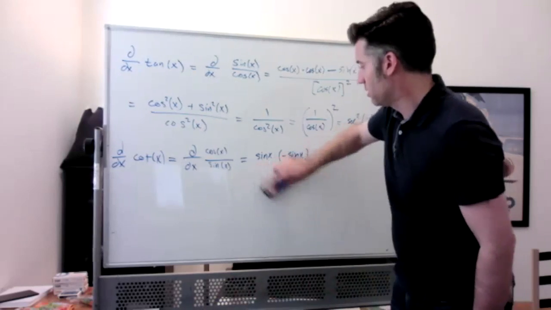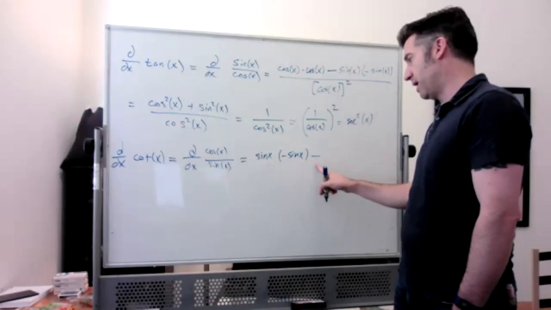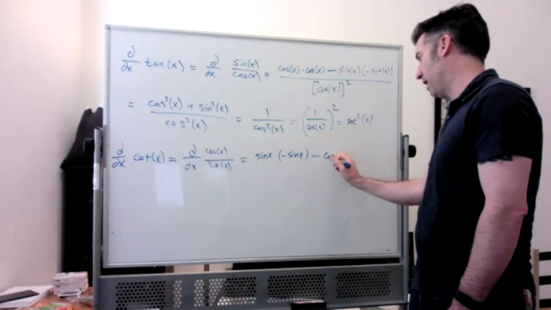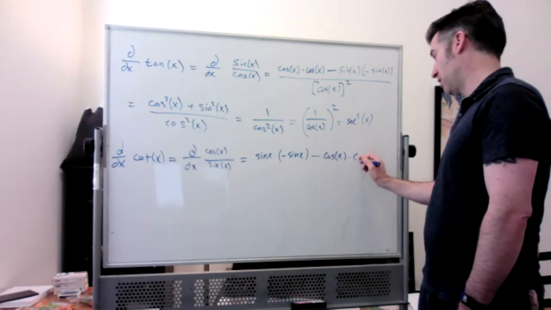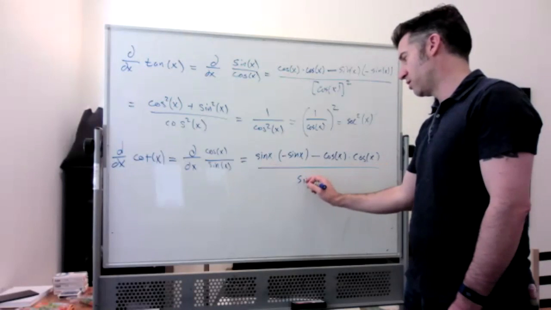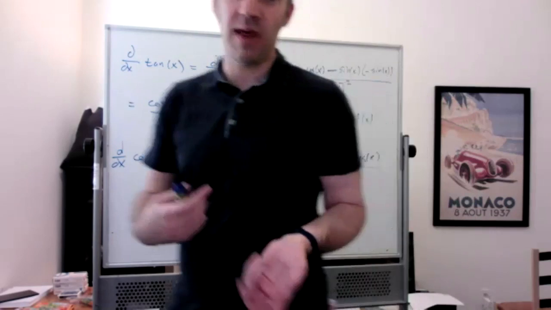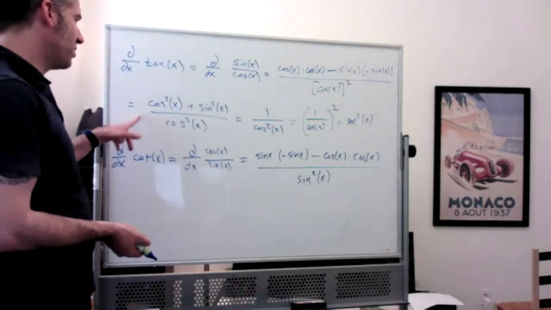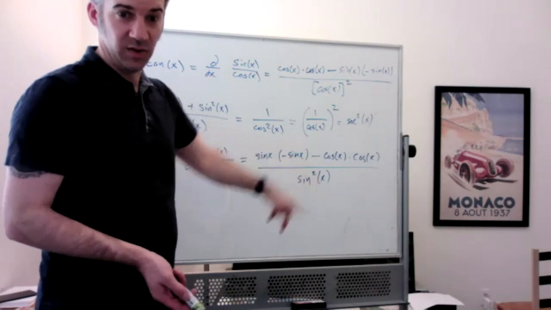There has to be cosine of something. So then minus the top, which is cosine of x, times the derivative of the bottom, which is cosine of x, all over the denominator squared, which is sine squared of x. What's going to happen here is almost the same thing as before, but instead of cosine squared plus sine squared, we have negative sine squared minus cosine squared.